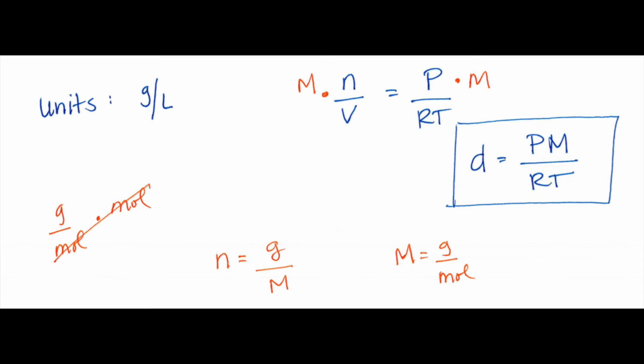And so if I look at the side of my equation that has n over V, I need to convert my moles to grams. And I can always convert my moles to grams by multiplying my moles by molar mass. So in order to keep the value of both sides of the equation the same, I'm going to multiply both sides of my equation by molar mass, and that gives me an equation where my density will now be equal to Pm over RT, where m is the molar mass of your gas.